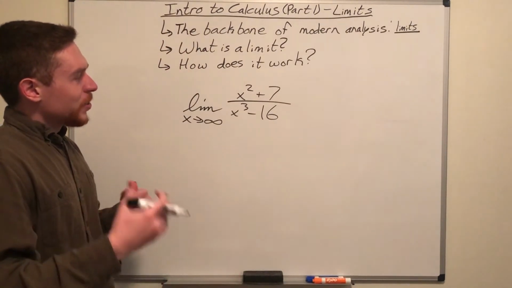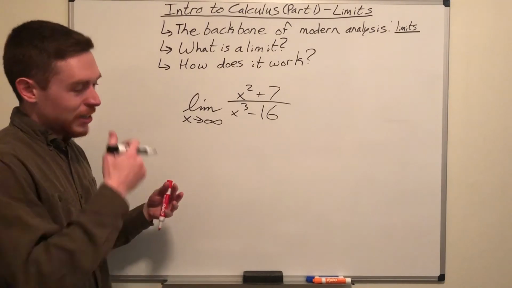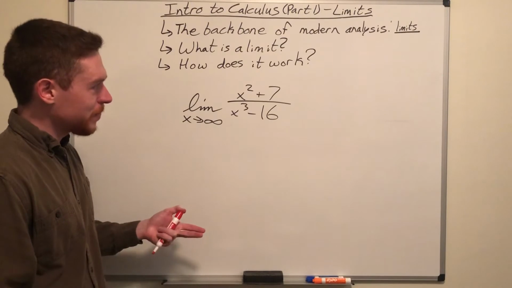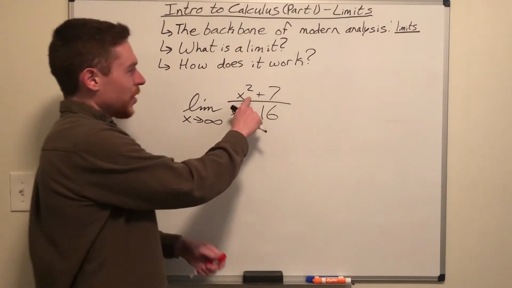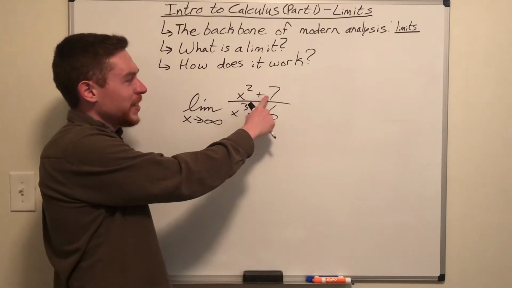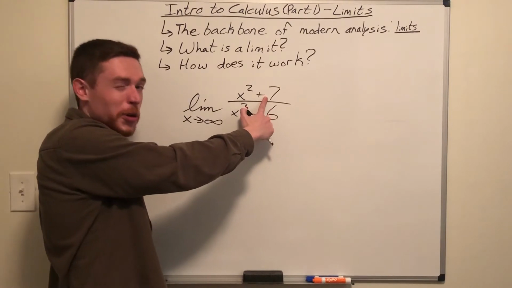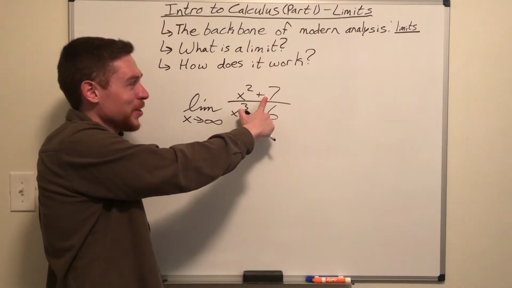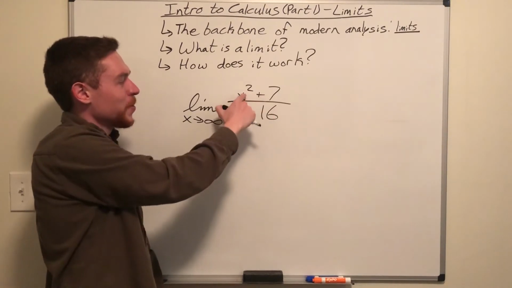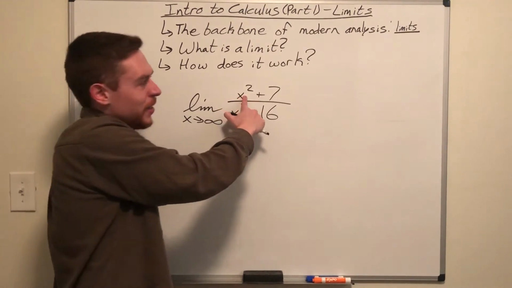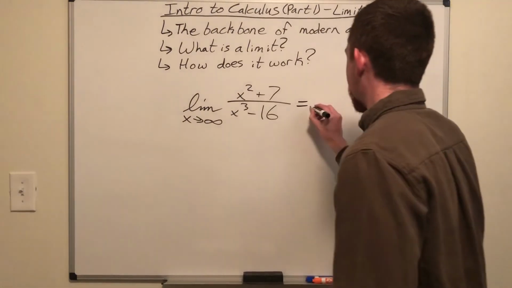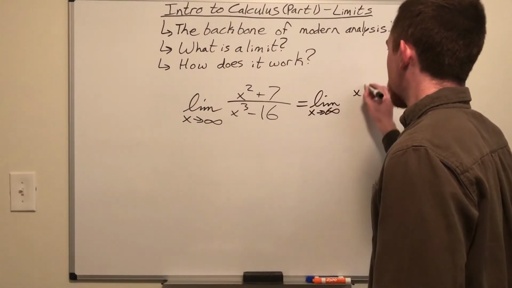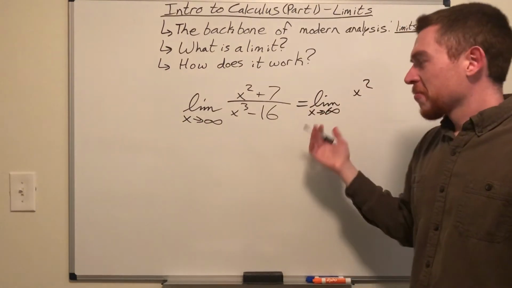And I won't get into exactly how this works, but basically, whenever you're going to infinity, does adding by 7 really matter at all? No. The adding by 7 is insignificant compared to infinity. And because that adding by 7 is insignificant when we are going to infinity, let's just ignore that.